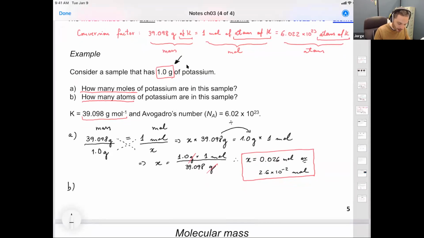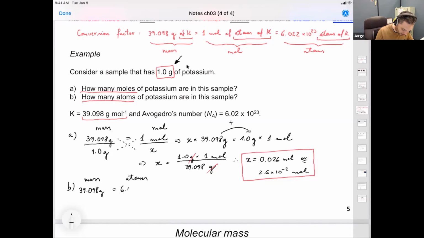So now I'm going to use the part of the conversion factor that correlates mass with number of atoms. My first column is going to be mass, and my second column, atoms. Look at the conversion factor, 39.098 grams of potassium. Just ignore the middle of the conversion factor because it's all equal, and let's jump all the way to the last part of the conversion factor.